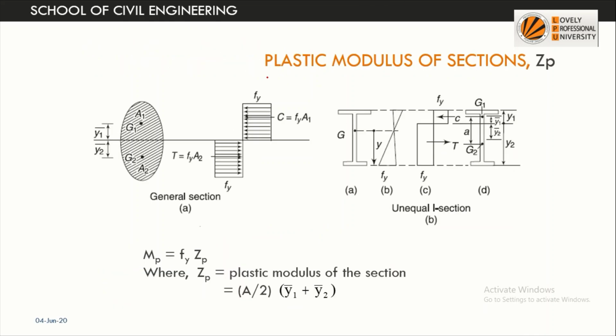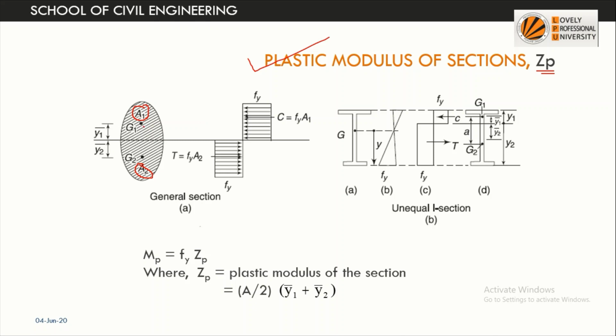We have already seen how to calculate plastic section modulus ZP. ZP is nothing but the moment of the area. Suppose this is the cross section and this is the equal area axis, and above the equal area axis the area is A1, and below the equal area axis the area is A2. Equal area axis means A1 is equal to A2. Now how do we define plastic section modulus? It is the moment of the area about the equal area axis.